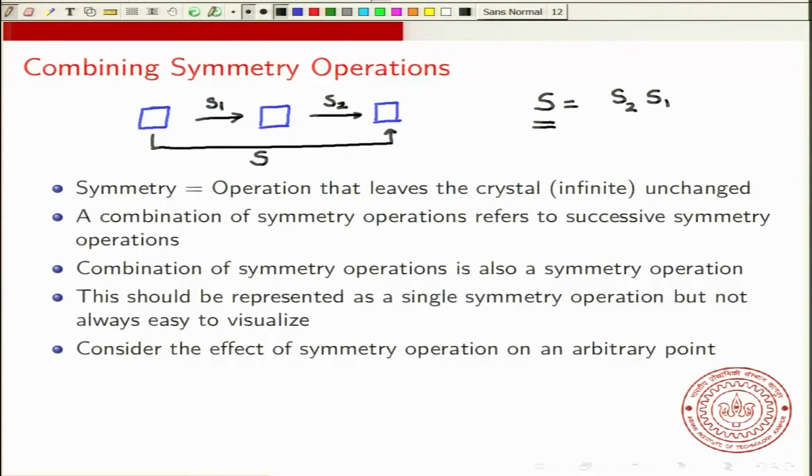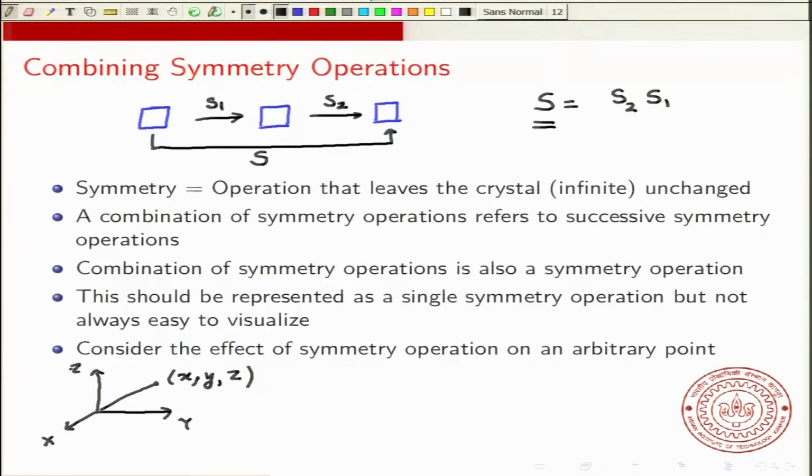So, for example, we are thinking of something like this, that if you have these coordinate axes x, y and z, and you have some point somewhere in the crystal, this is a point in space, and it is also a point inside the crystal.